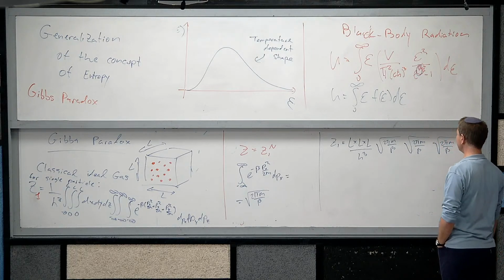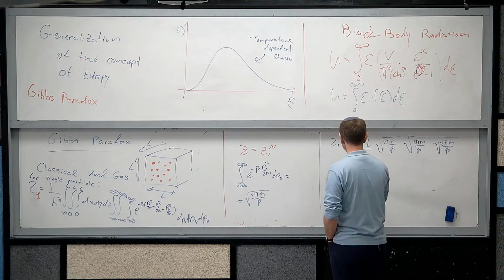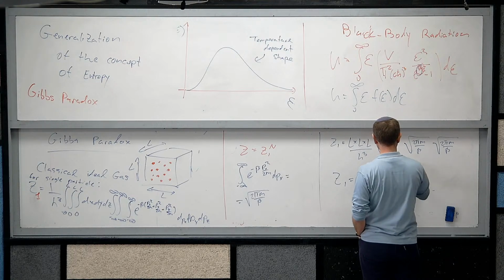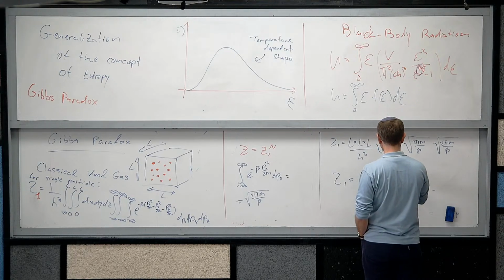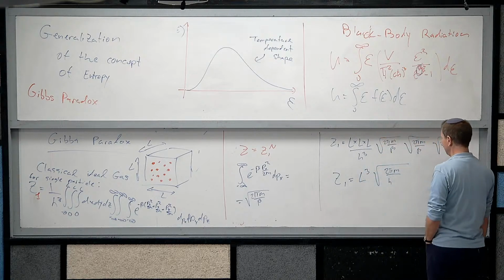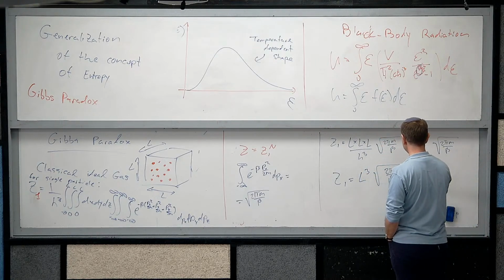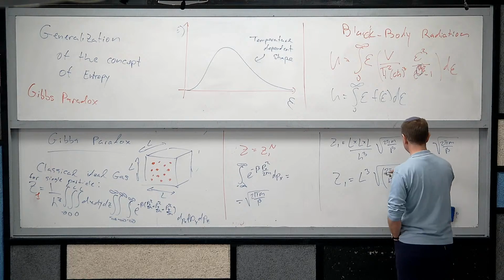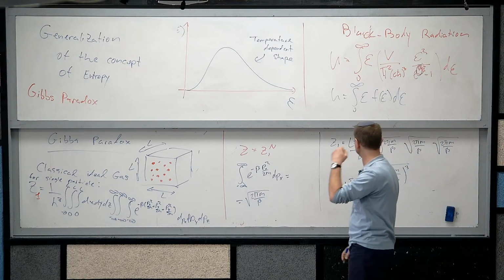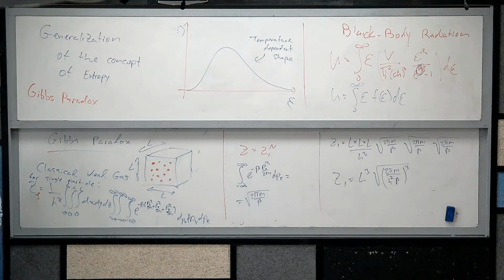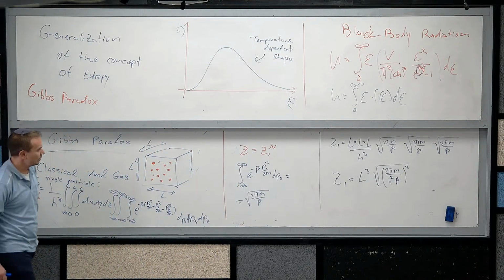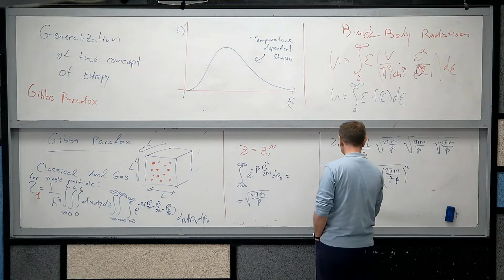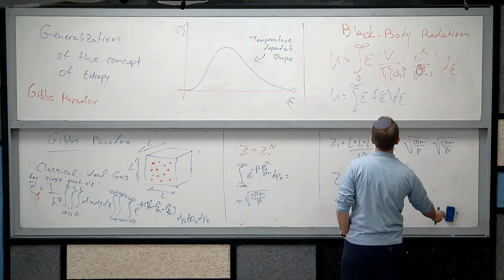Okay, let's take all of this into account, and we have Z1 is L to the third power, and I have here a square root of 2 pi m divided by h squared beta, all to the third power. So this is Z1. This is my partition function. And I know that the total partition function for N particles is Z equals Z1 to the power of N.